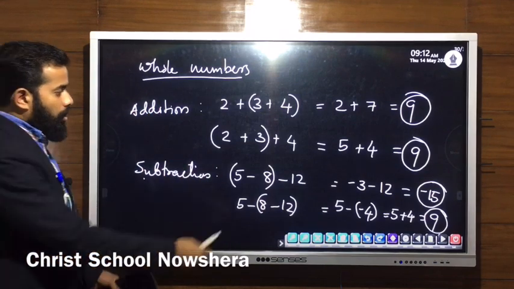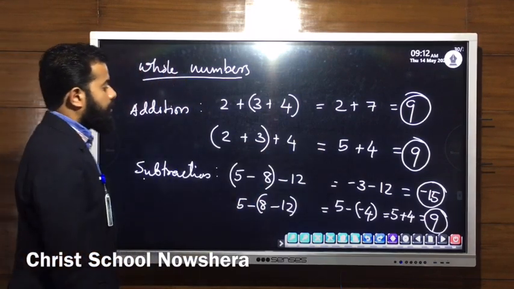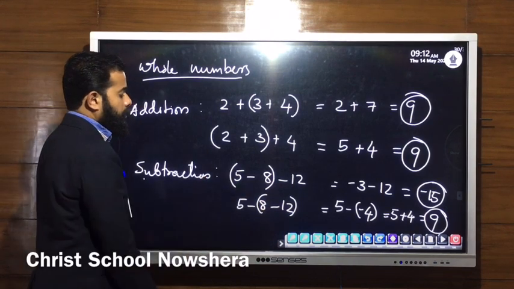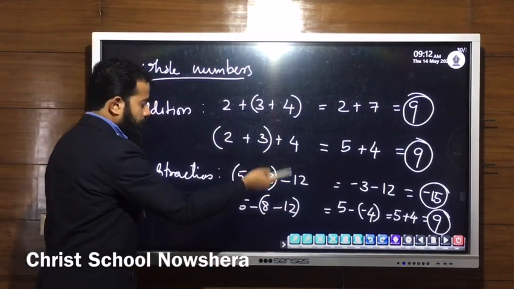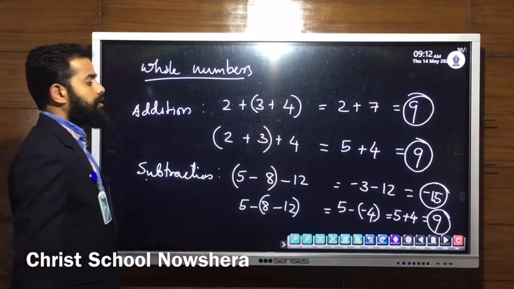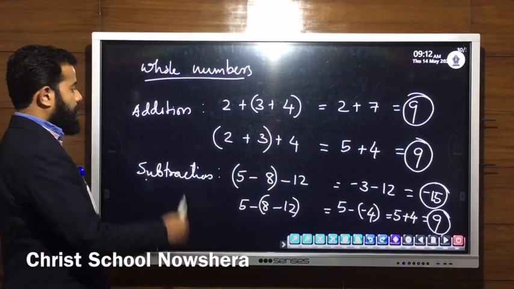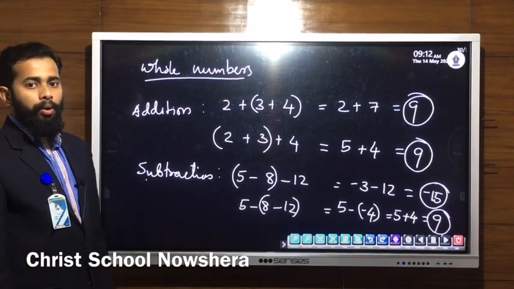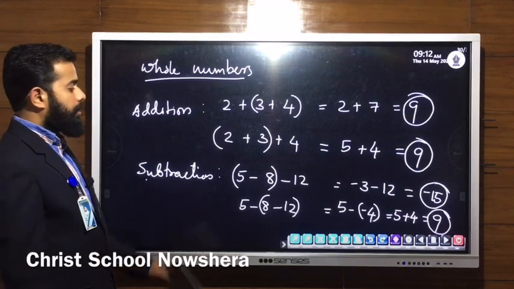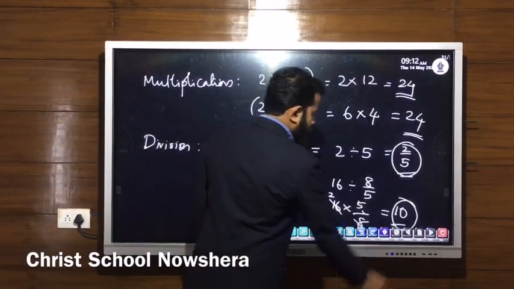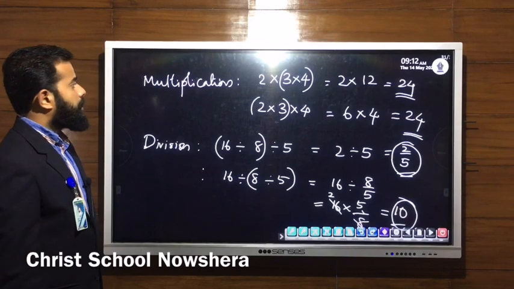Subtraction, we got different results using the same numbers, but with different groups, and the answers are different. So whole numbers are not obeying associative property under subtraction. Next, multiplication.